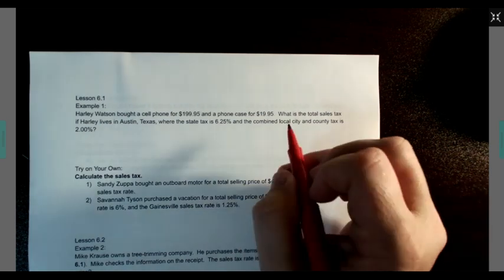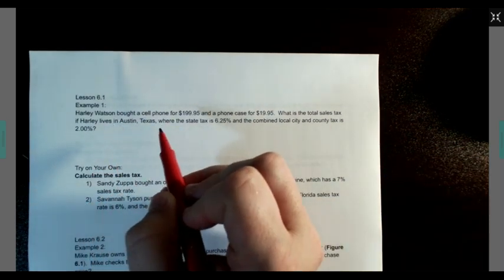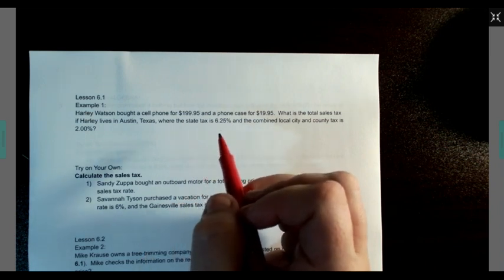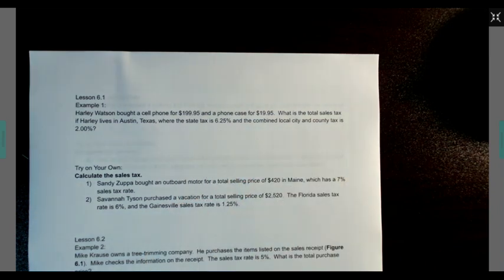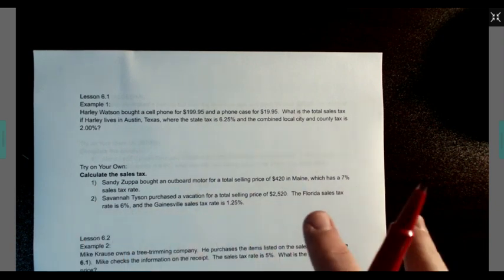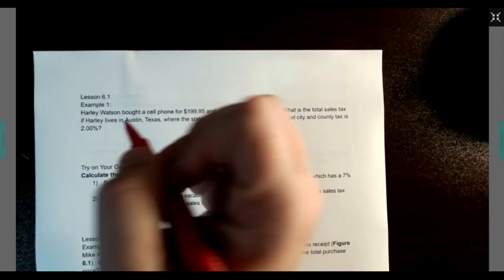What is the total sales tax if Harley lives in Austin, Texas, where the state tax is 6.25% and the combined local city and county tax is 2%? Well, we need to find our total selling price and we need to multiply it by the sales tax rate. So there are two items we bought.